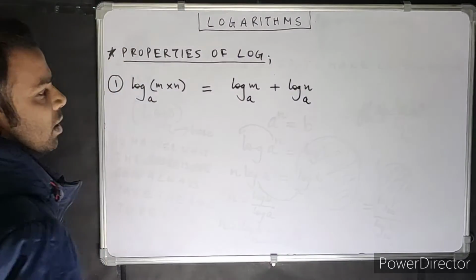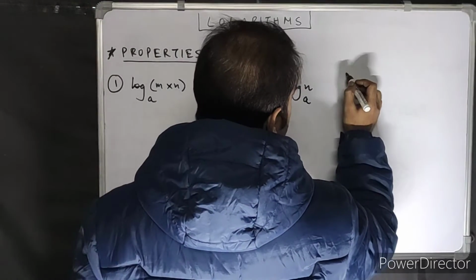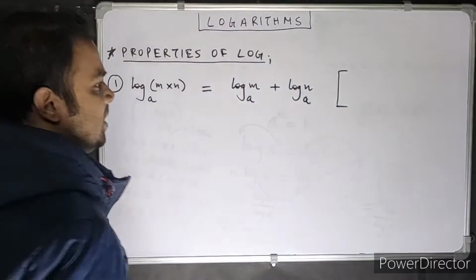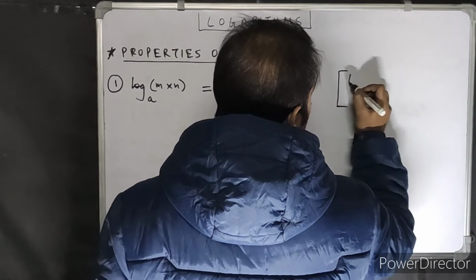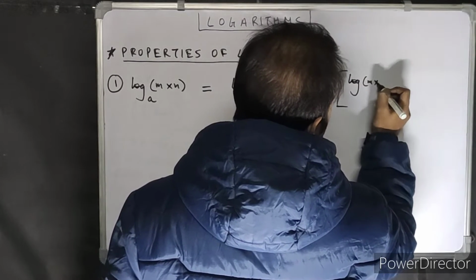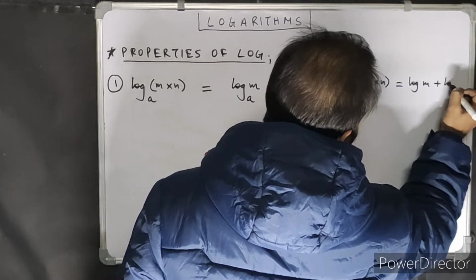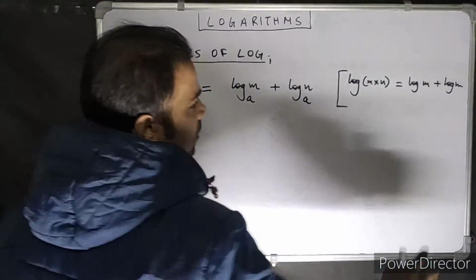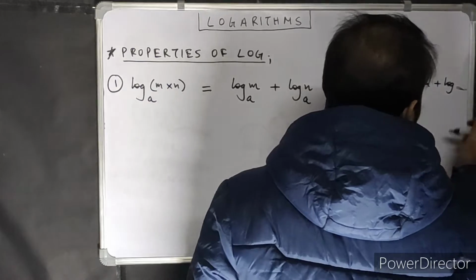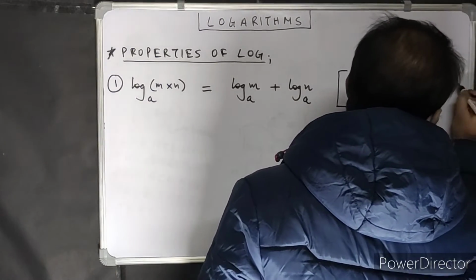They are all numbers, not just alphabet. In easy way, if you're supposed to write this easily, how you will write? You will write log m into n is equals to log m plus log n.